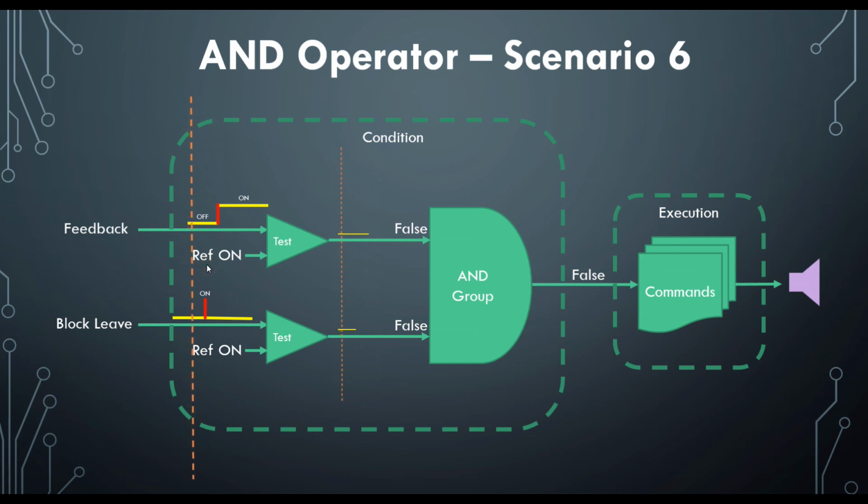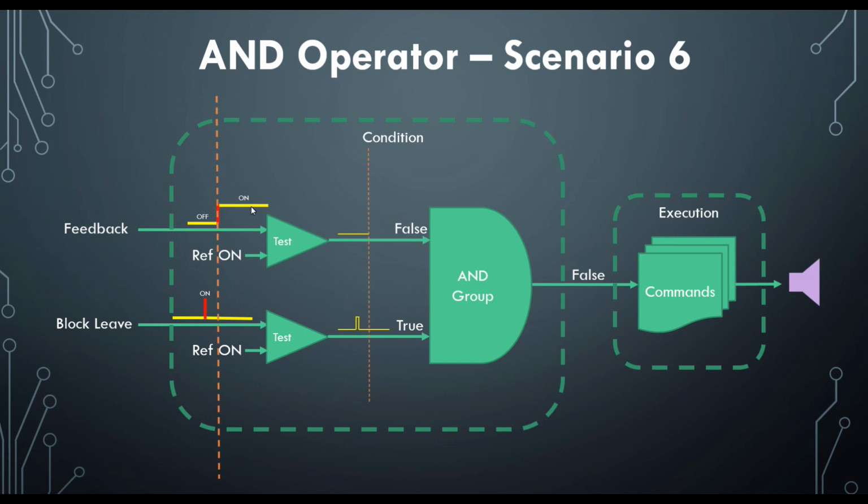Bring the timeline forward till we hit the block leave event. That goes to on, so this becomes true. This is still in its off state. False and a true produces a false. If we move the timeline on again, block leave has now finished, so it is in its off state.